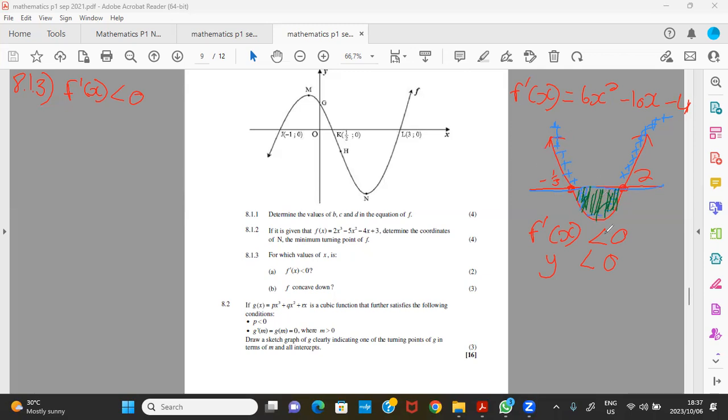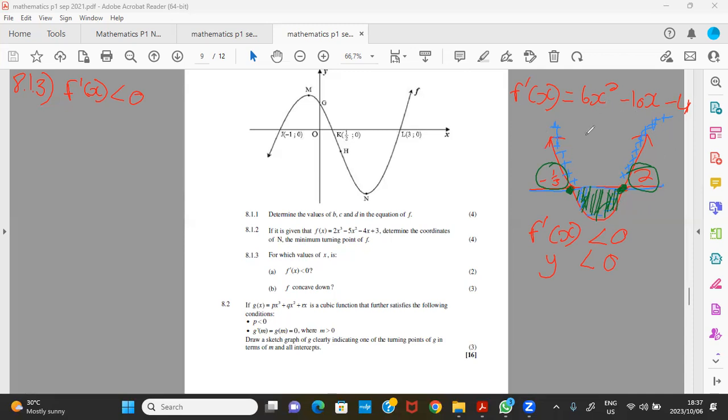I'm going to answer this according to my corresponding x values. It will be between minus 1 over 3 and 2. Are we seeing that? Anywhere between minus 1 over 3 and 2.